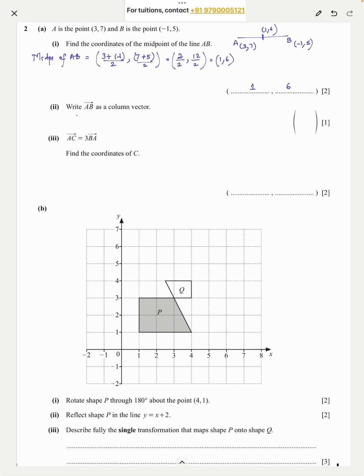Take the respective coordinates and subtract: end minus start. So this will give us (-4, -2). So write this in the form of a column vector. That's it.